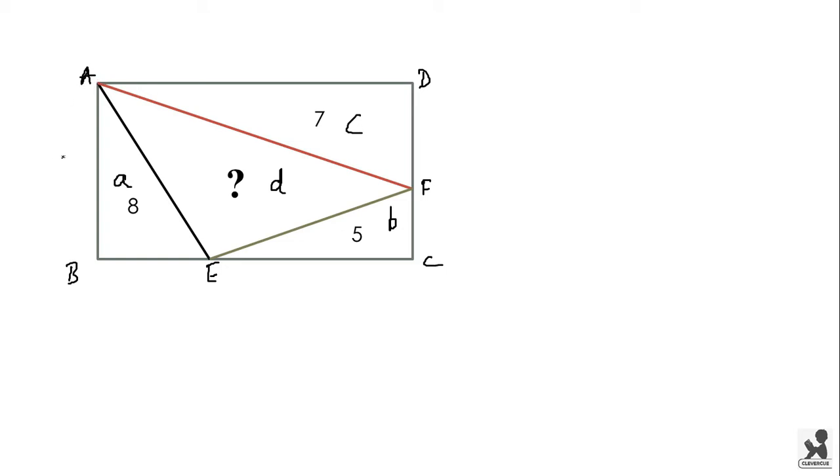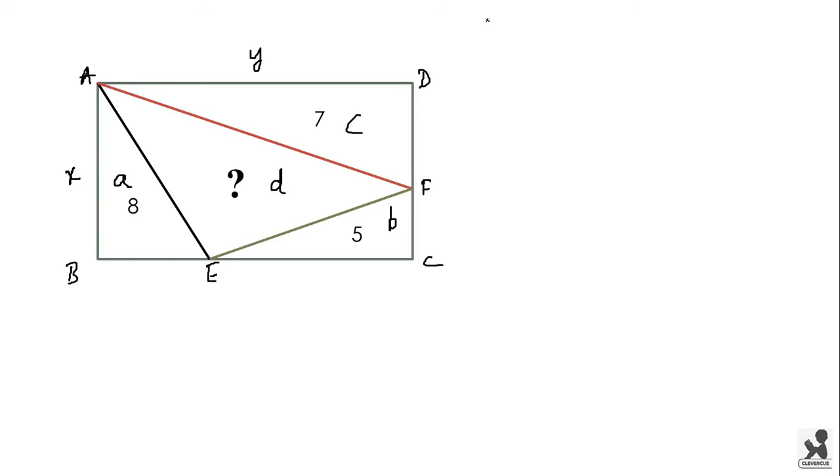Let us also assume that the breadth of the rectangle is x and the length of this rectangle is y, that is AB is x and AD is y.